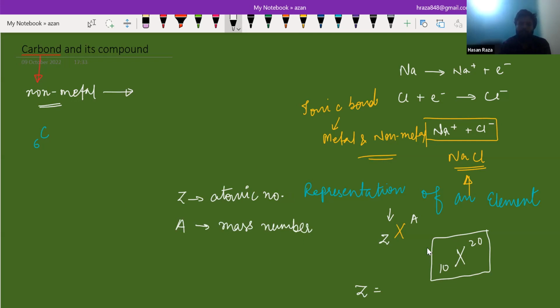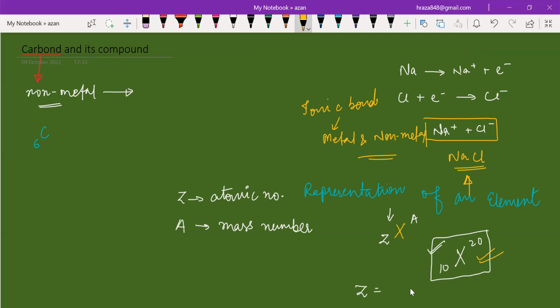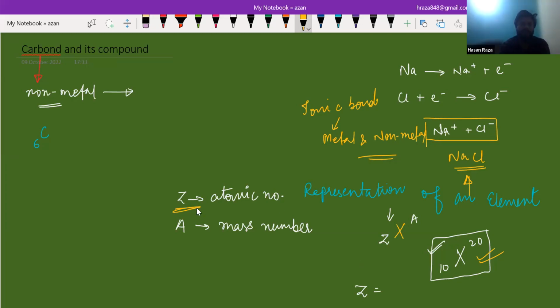So can you see this, and can you tell me what is the atomic number of this element? Not 20. See, Z is atomic number, and here I am going to represent Z, and here is 10. That means atomic number is 10.